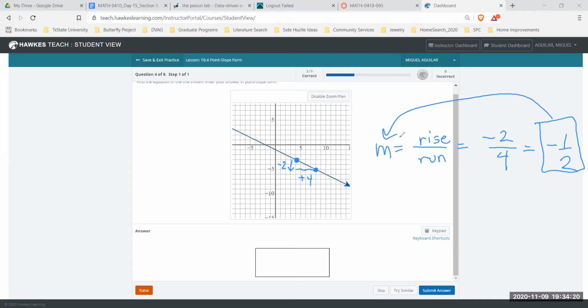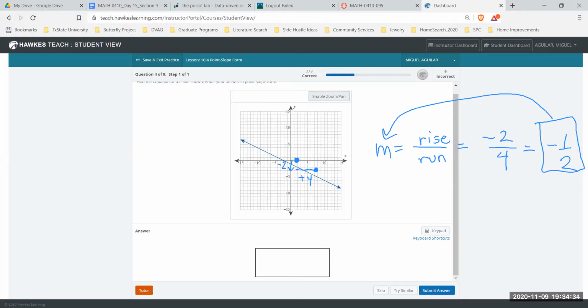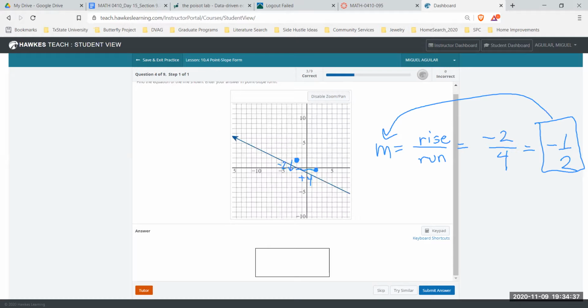And you might be wondering, okay, well, why did you pick those 2 points? My answer to that question is, it doesn't matter what 2 points you choose as long as they're on the graph. So what we can do is zoom into another point on the graph and say, let's say that you didn't like the 2 points that I chose, and you went with these 2 points over here, this one here and this one here. And you were still trying to find the slope, m is equal to rise over run.